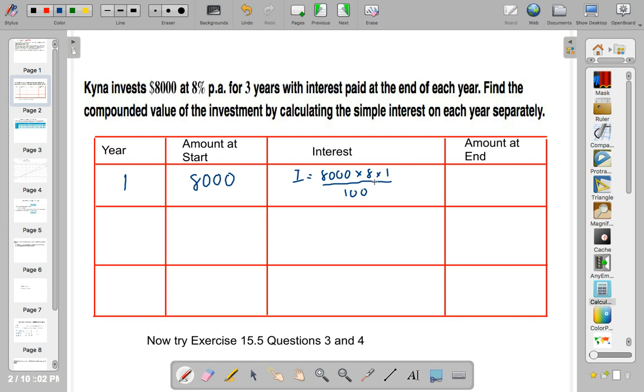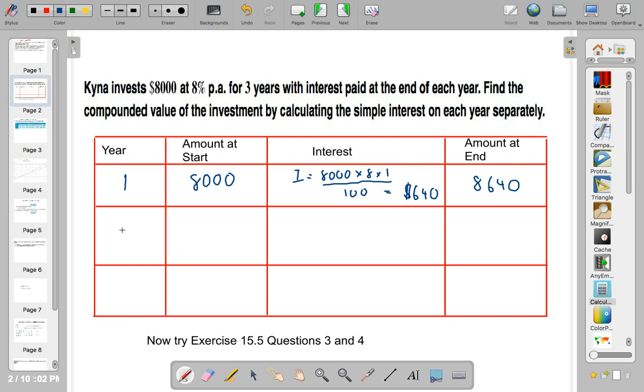So 8,000 multiplied by 8 and then divided by 100, we get $640. So the interest is $640. Put that in there. So the amount now is $8,640 at the end of the year.